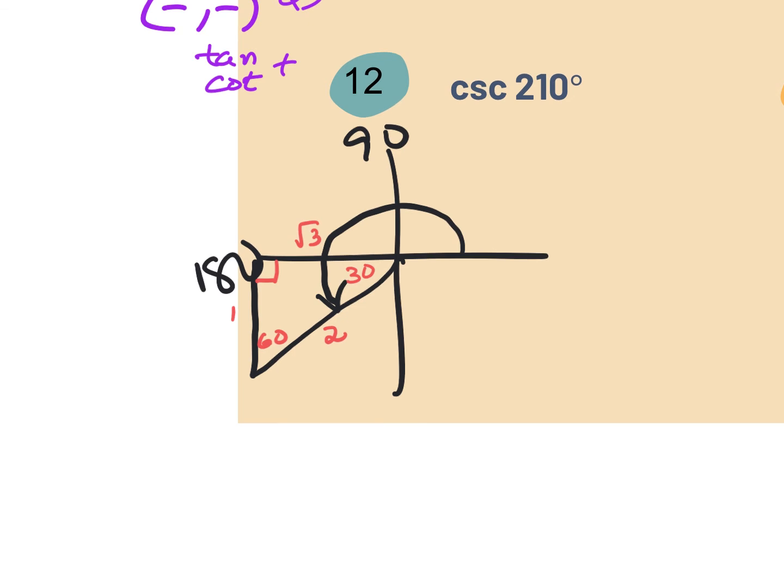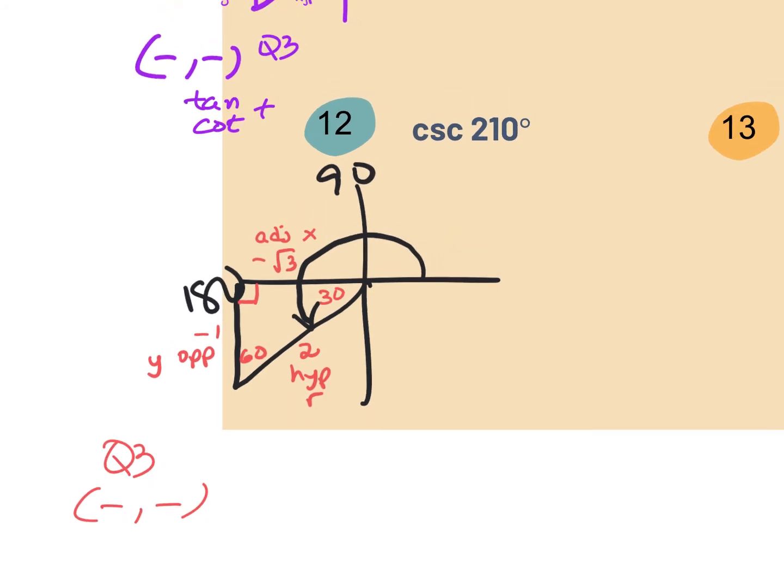Remember, the signs in quadrant 3 are negative, negative. So this will be a negative 1 and a negative root 3. Again, opposite to the 30 is the negative 1. This is also your y. This is hypotenuse, which is your r. Adjacent, which is your x. Fill it in.